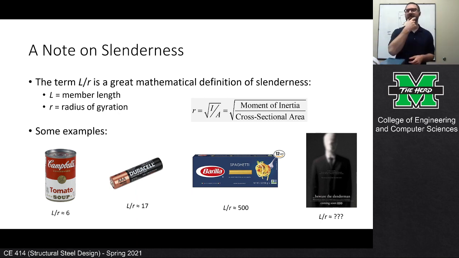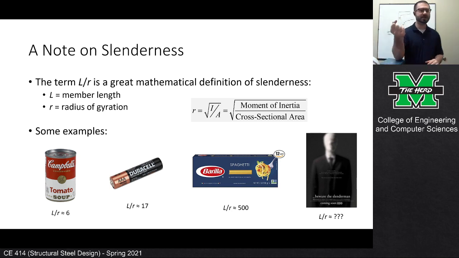To give you some context, if you compute the slenderness of a soup can, you're probably going to get an L over r value of around 6. And then take that all the way to a dry spaghetti noodle. The L over r for that would be like 500. Slenderness also scales well.